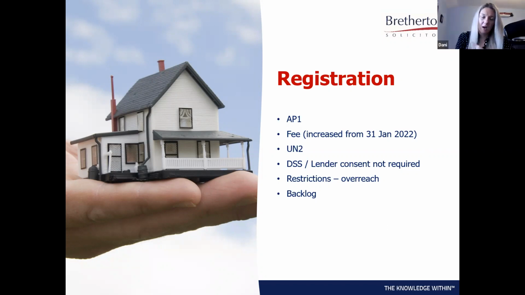We can make requests to expedite applications, but the Land Registry needs to see evidence of usually potential financial implications that not expediting would have. So just make sure that the tenants do know that that isn't a quick process, just so that they are fully aware.